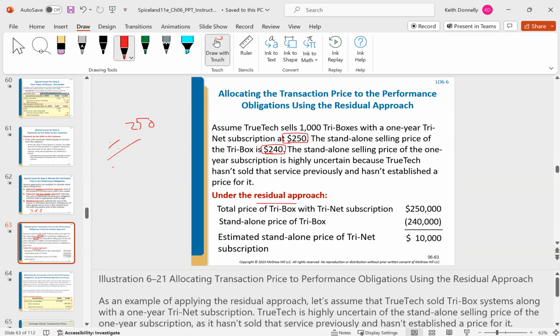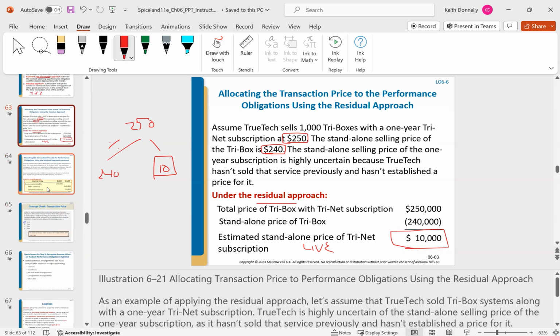We have a standalone price of $240 for the Xbox. So if we have $250 and we know $240, then we can say we will do an estimated price for the Live of 10. We have these two variables, and then we can back into the missing one residually: whatever the leftover is, 250 minus 240, the leftover 10, that's going to be the item there.